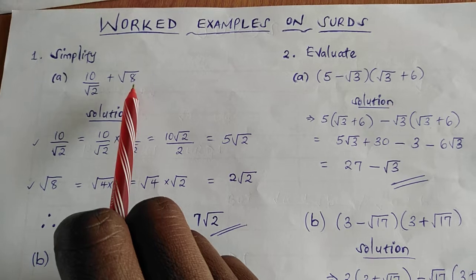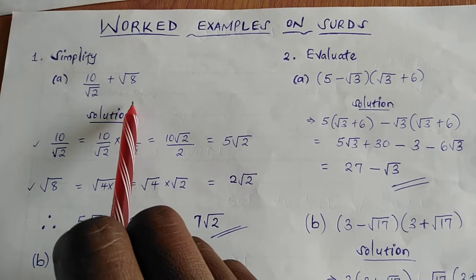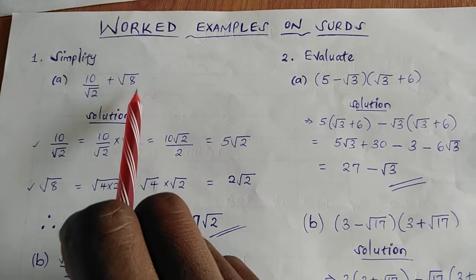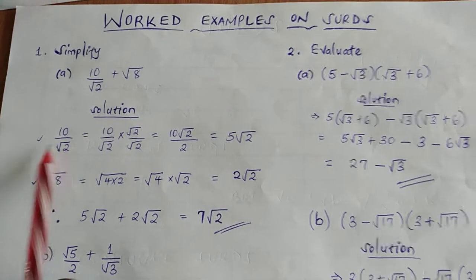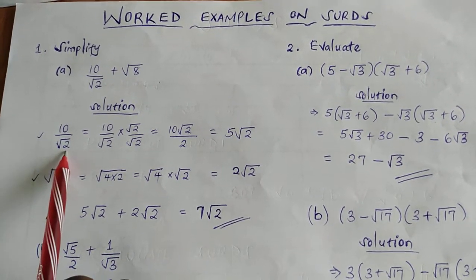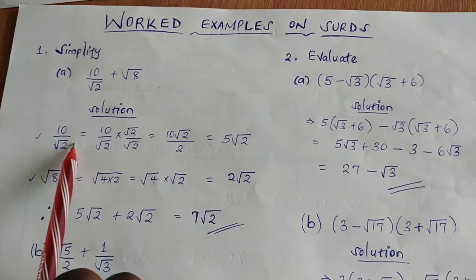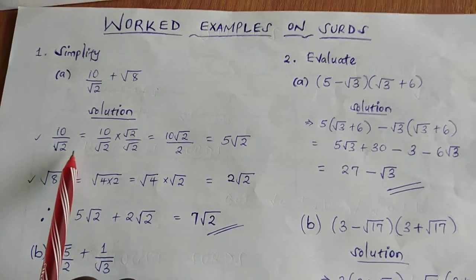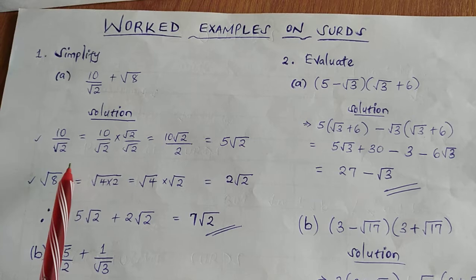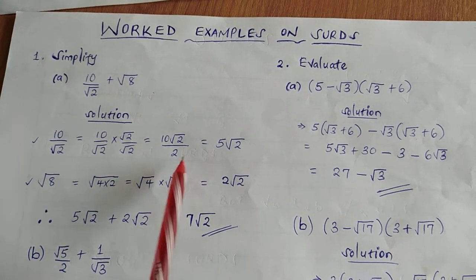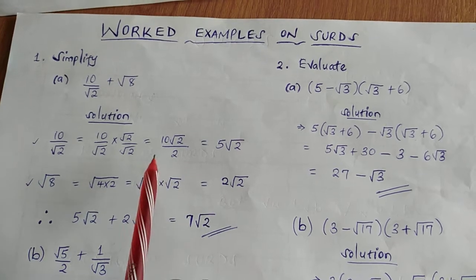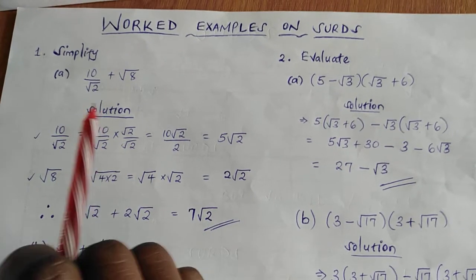And then we also have to simplify root 8 because it can be simplified further. So to simplify 10 over root 2, we multiply it by the conjugate of the denominator in order for us to get rid of the surd in the denominator.